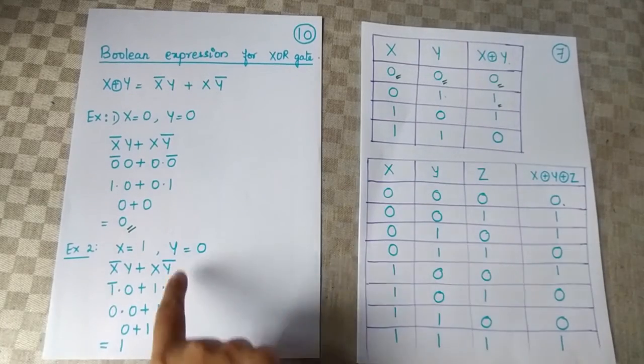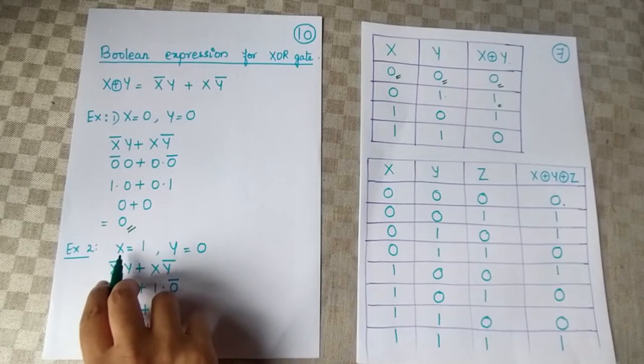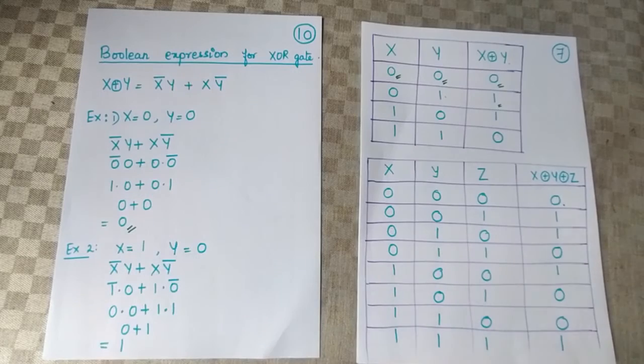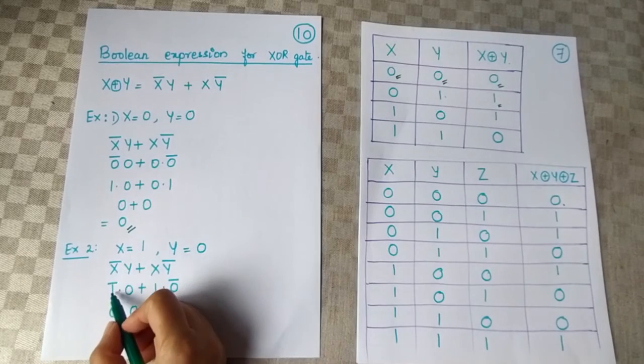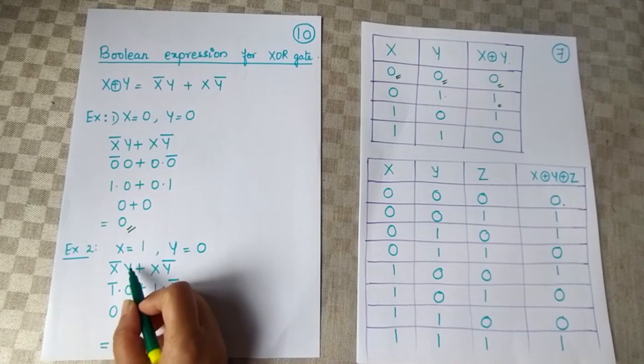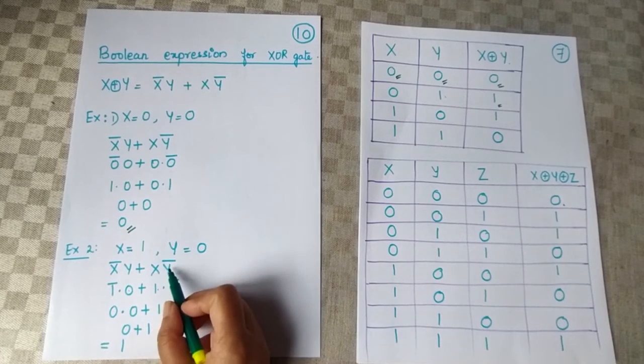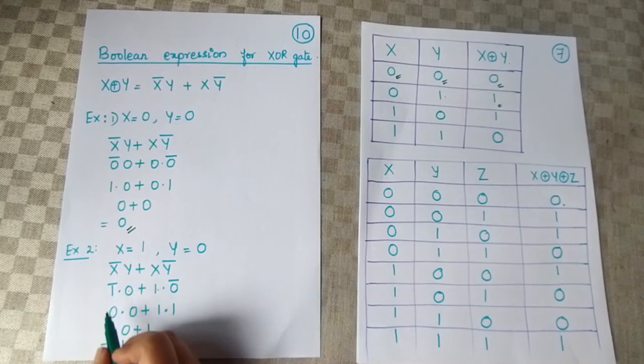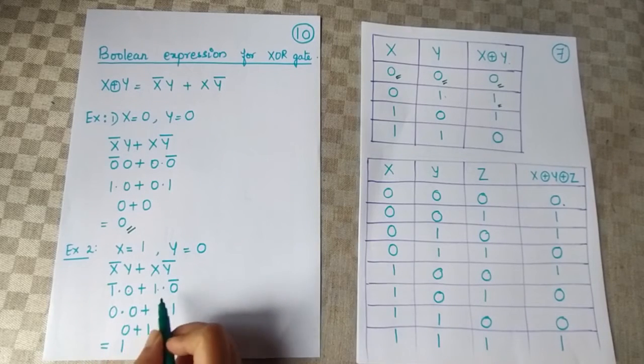Okay. Let us take the next example, where x is 1, y is 0. Now replace the values of x and y in this Boolean expression. So x is 1, so I take 1 complement, dot y is 0. X is 1, y is 0, so 0 complement. Next, 1 complement is 0 into 0, plus 1 dot 0 complement is 1.